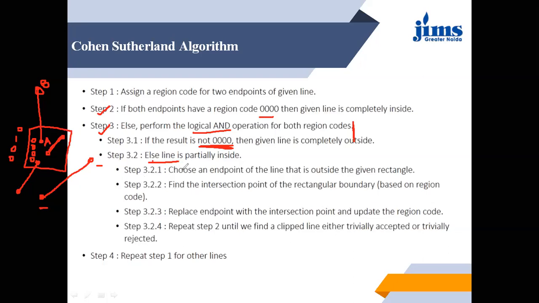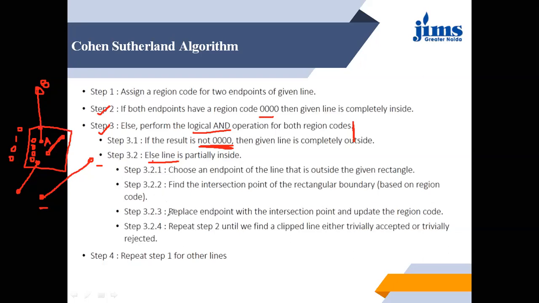So choose an endpoint of the line that is outside the given rectangle. Find the intersection point with the rectangle boundary based on the region code, so we can find where the line touches the boundary of the window.